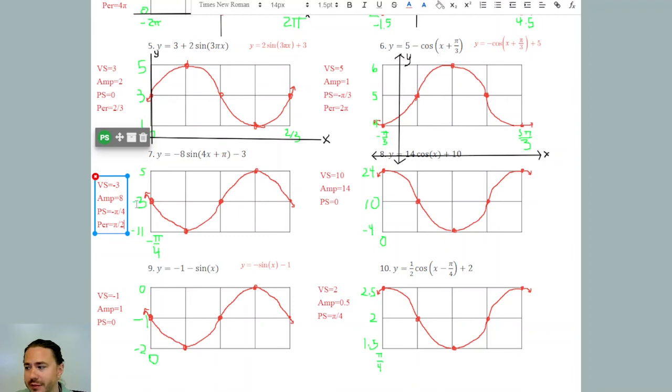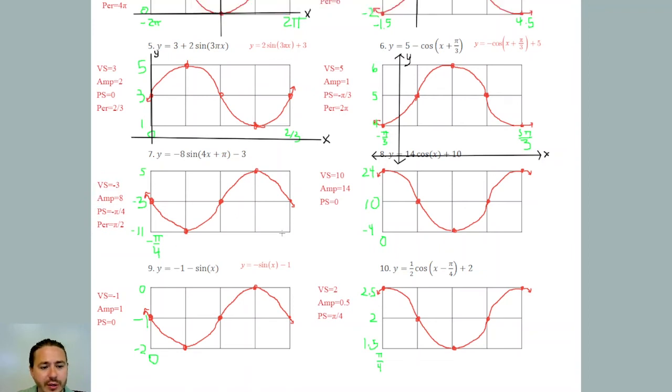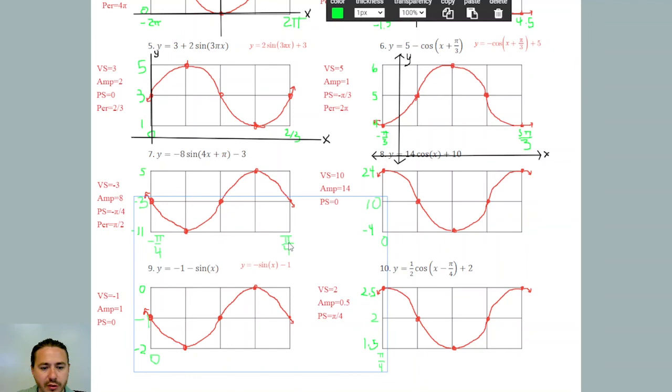You end up with positive 1/4. Yeah, so negative pi over 4 plus pi over 2 is going to be positive pi over 4. And if you're not convinced, I encourage you to try to do that arithmetic on your own. Just practicing adding fractions is always a good thing to do.